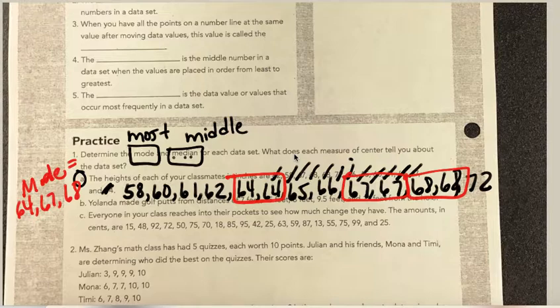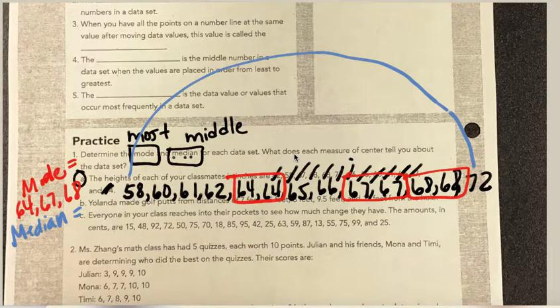another 64. Now I've got to find the median, the middle number. To find the median, you have to put your numbers in order, which we already did, and then you have to find the number in the middle. So I like to do little dashes, especially when I have such a long list like this. Sometimes I like to make the arch like this, but that's going to be a lot of arches, so I only do that when I have a short data set.